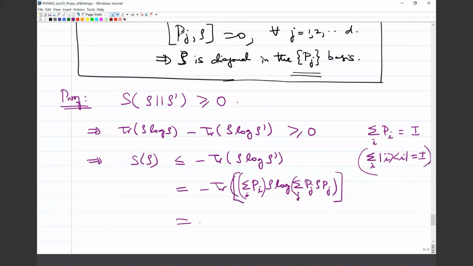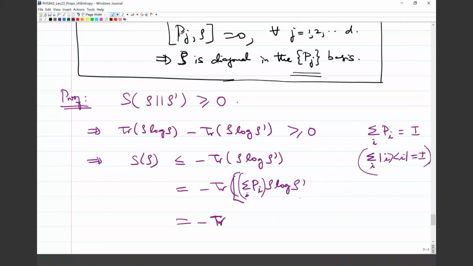So this is negative trace. I have a double sum here, but now I have this within the log, right? I have log sum over j Pj rho Pj. Actually, maybe let me not expand this. That is not helping my case because I want to convert everything to rho prime.